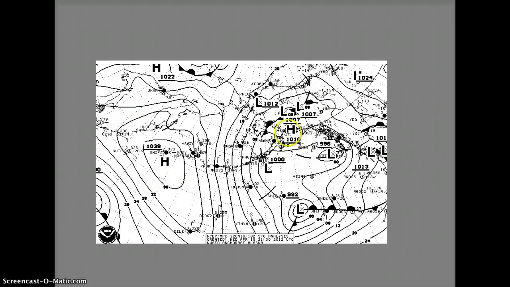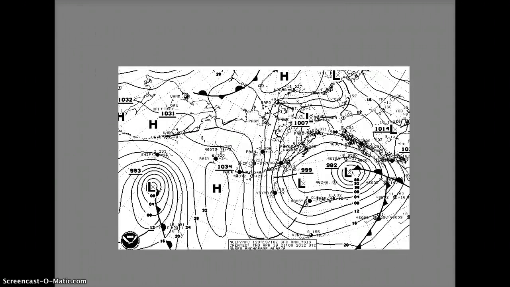This convergence of the high and low pressure system could have created a storm front, which would have dumped precipitation on the area. But it looks like the low pressure system was pushing to the south. Go back to Thursday's. This is Thursday's. The low pressure system was pushing to the south and pushed away and dissipated the entire storm system.